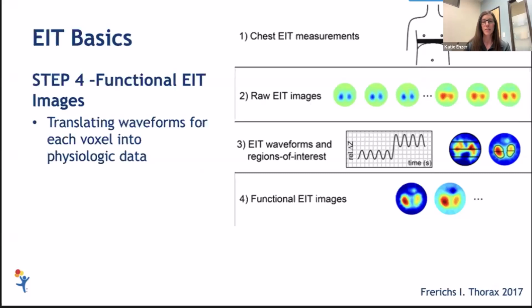Although it's important to note that even though they look like an anatomic representation of the infant's chest, EIT is not anatomic in the way a CT or an MRI is, because EIT measures only the change in impedance. So for example, if you had a patient with dextrocardia or congenital diaphragmatic hernia, that would not necessarily be represented on these images.